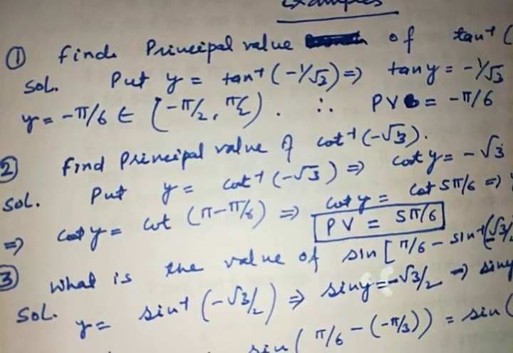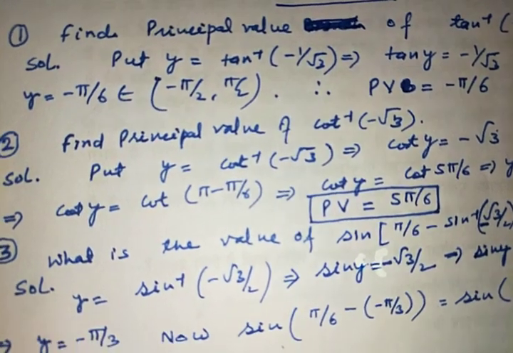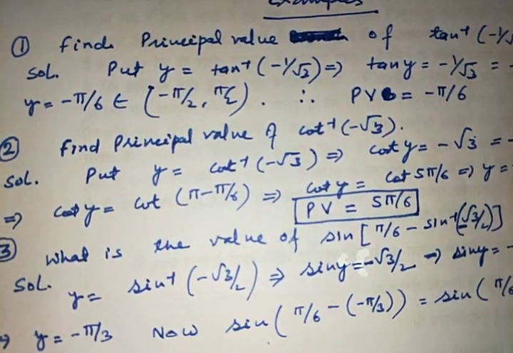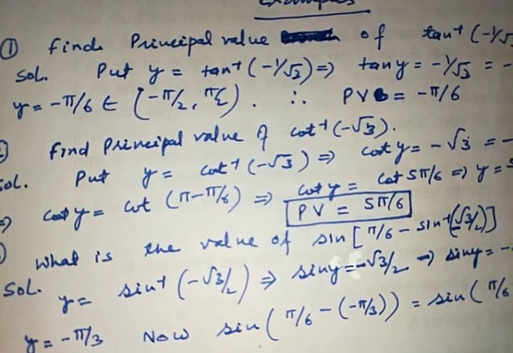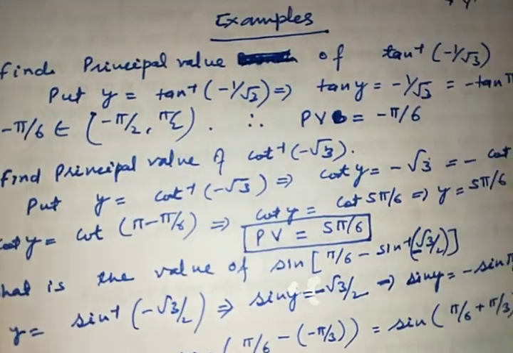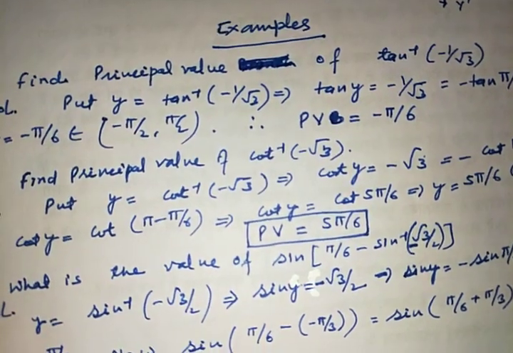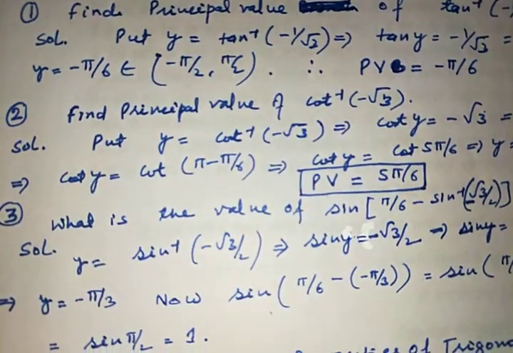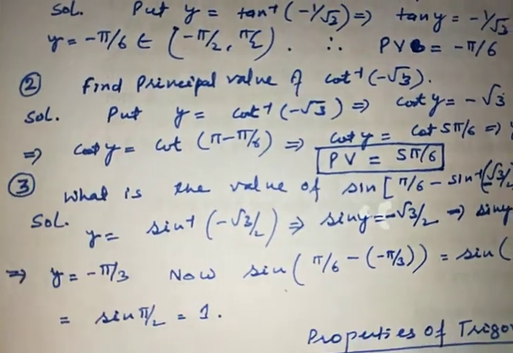Children, minus pi by 6 belongs to minus pi by 2 to pi by 2, which is principal value branch of tan inverse x. So principal value will be minus pi by 6. Now take another example. Find principal value of cot inverse minus root 3.